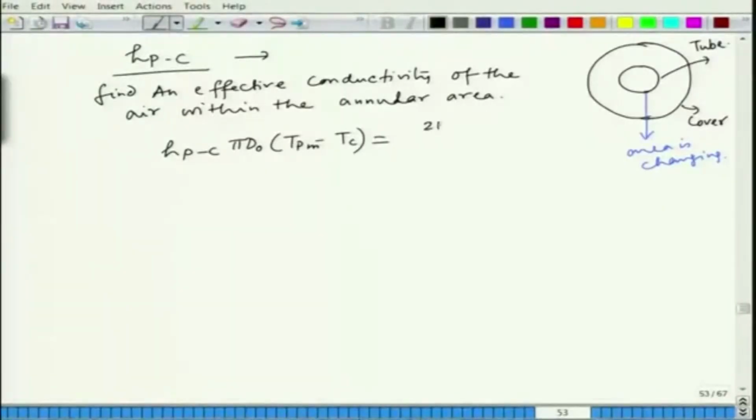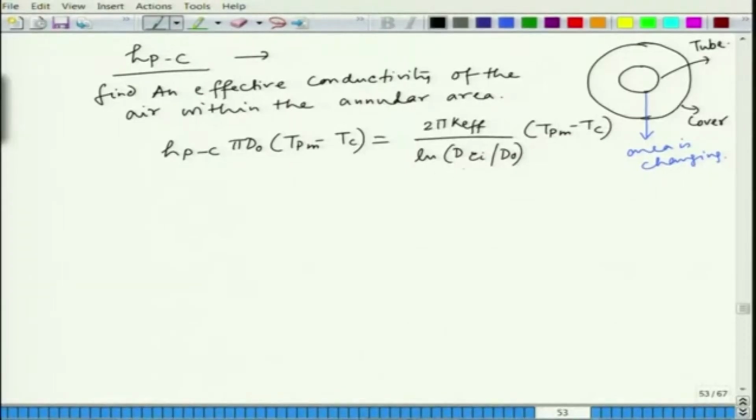So, for the heat conduction, when the area changes because of the circular geometry, the relation is this. Okay. This you have learnt in your conduction heat transfer course.